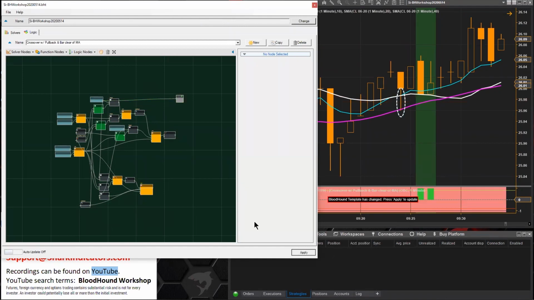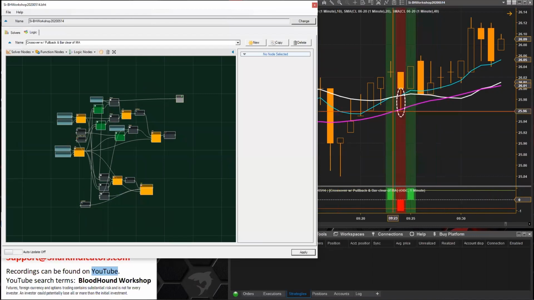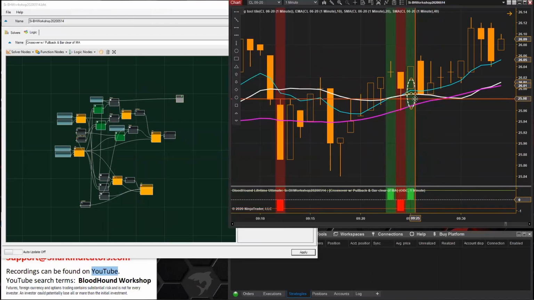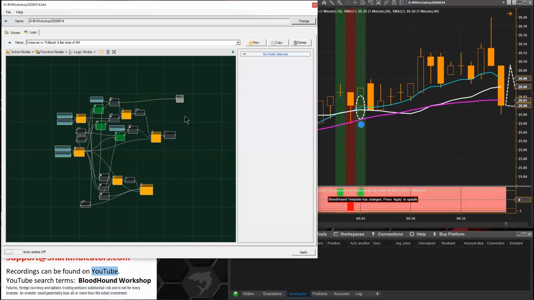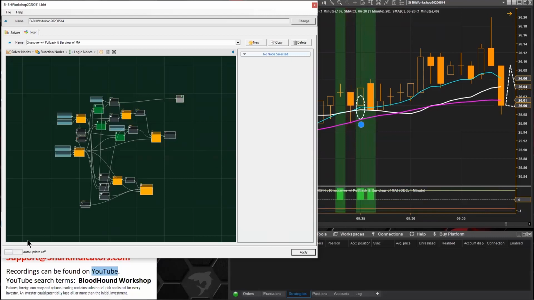Oh, apply that. Okay, so this is the cross up. That's our step 1 right there. Let's mark this here. Step 1.